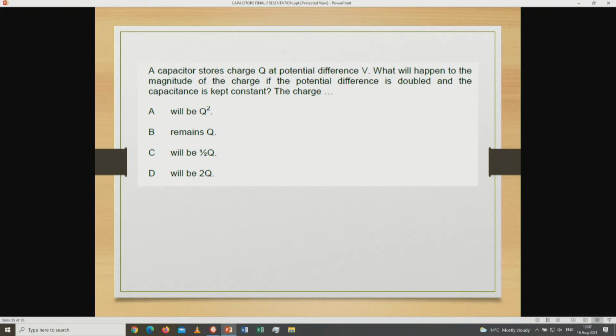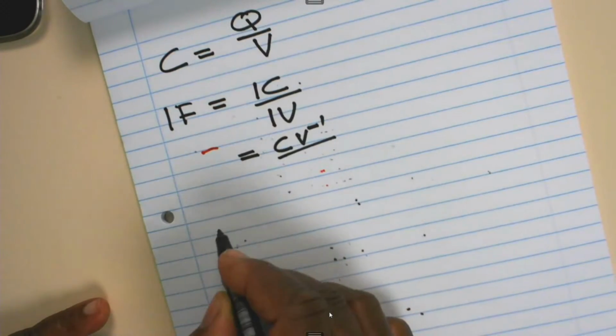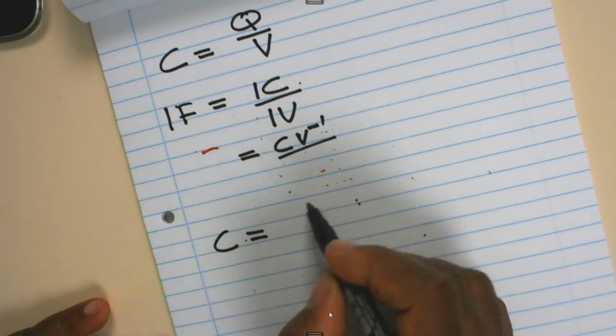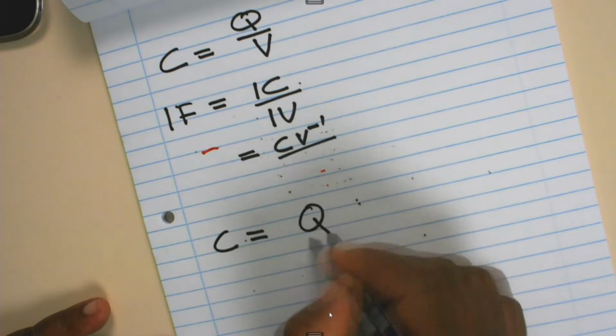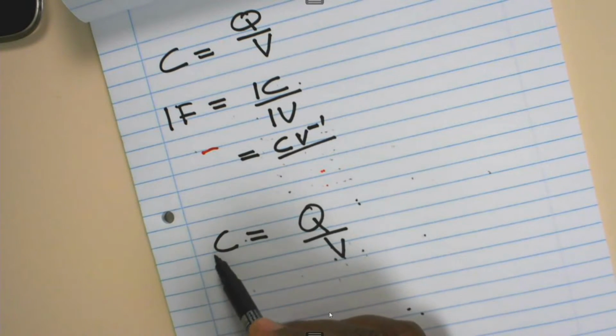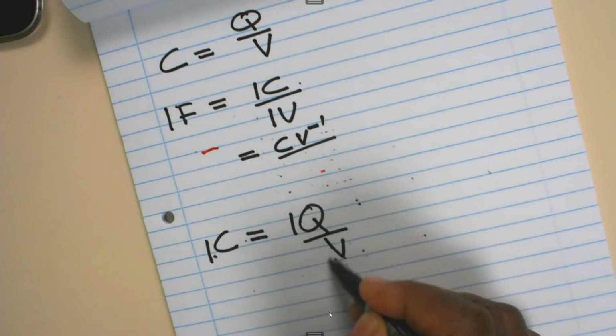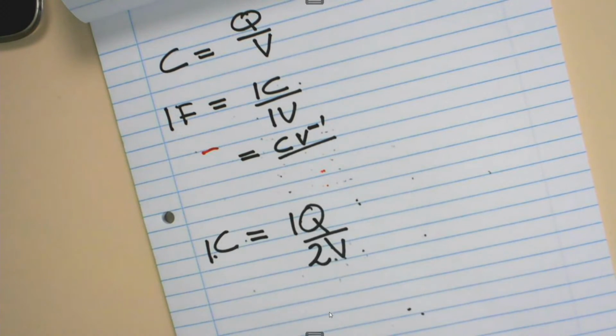Let me just write first the capacitor. Okay, there we go. What will happen when we double the potential difference? Right, let me show you this. From the same formula, C equals charge over potential difference. They say now capacitance is kept constant, maybe it's 1. Then what will happen if we double the potential difference?